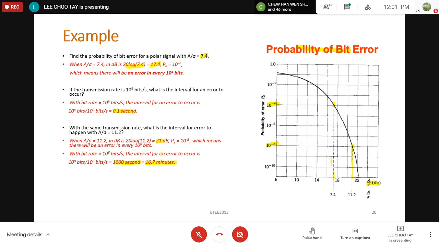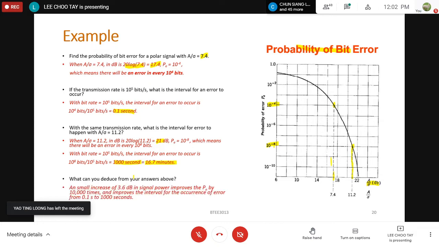We actually improve the error performance by how many times? 10,000 times, isn't it? 1,000 seconds over 0.1 second gives you 10,000 times. So that is what you need to deduce. A small increase of about 3.4 dB in signal power improves the probability of error by 10,000 times.